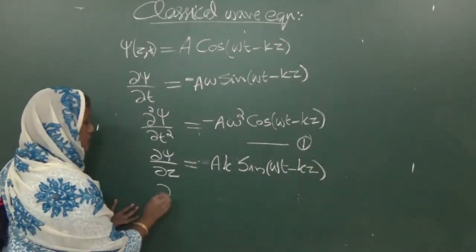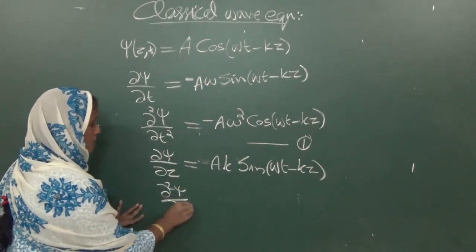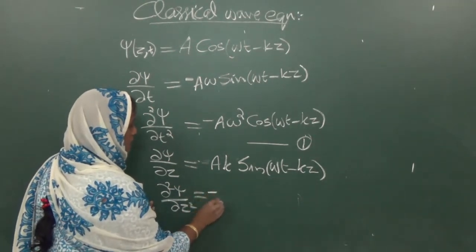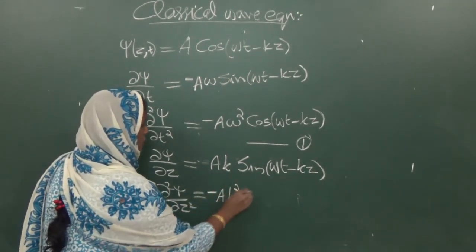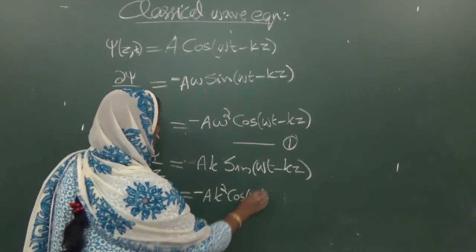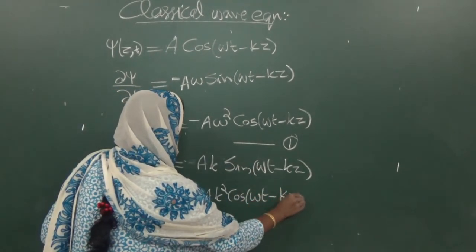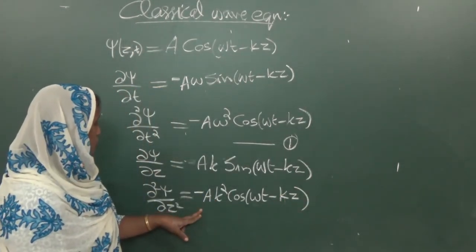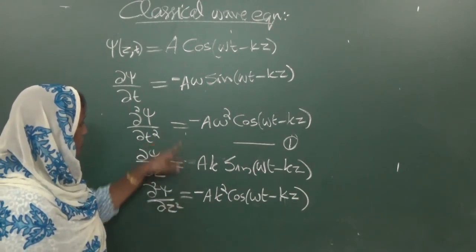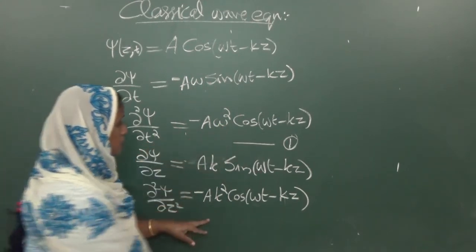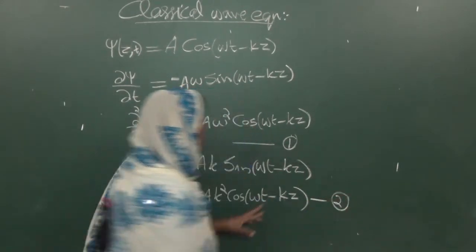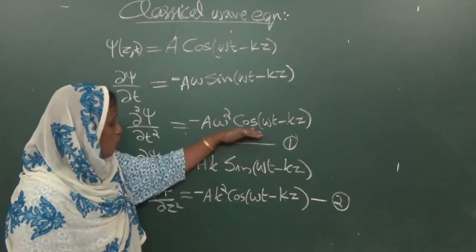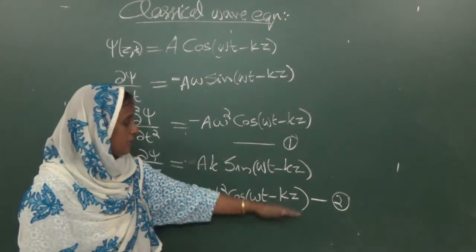Now taking the second derivative, dou square psi by dou z square, this is equal to minus a k square cos omega t minus kz. So we get two equations like this. In both these equations, equations 1 and 2, you can see that one side is cos omega t minus kz.